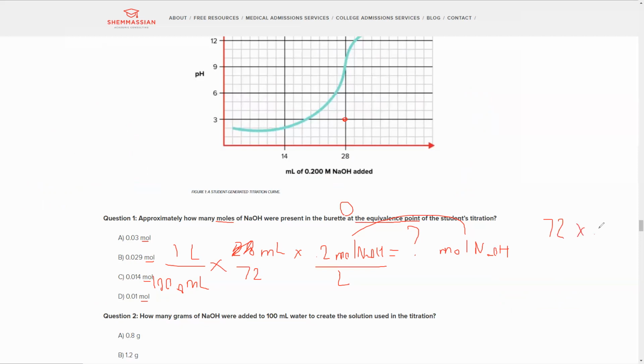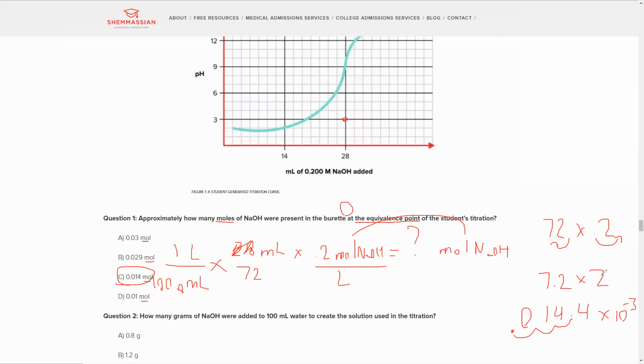Now we're going to be dealing with 72 times 0.2. I have 7.2 times 2, which is 14.4, and 14.4 divided by 1,000 is 14.4 times 10 to the negative 3, which gives 0.0144, aka 0.014.